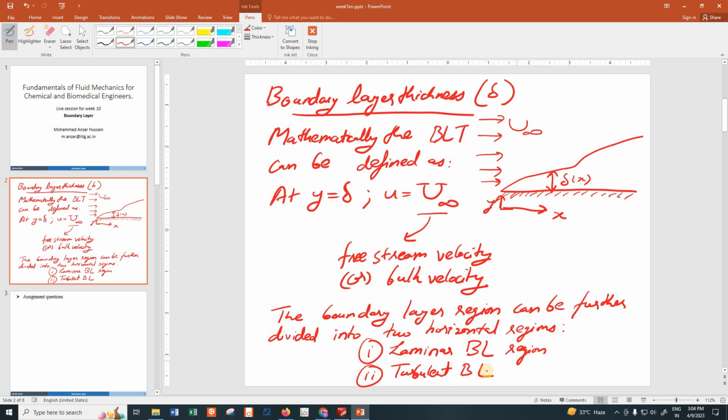Obviously, in between the laminar and turbulent boundary layers, the laminar boundary layer rather transitions into the turbulent boundary layer. So there is not a very fixed, sharp interface.